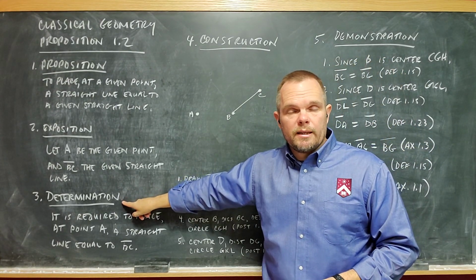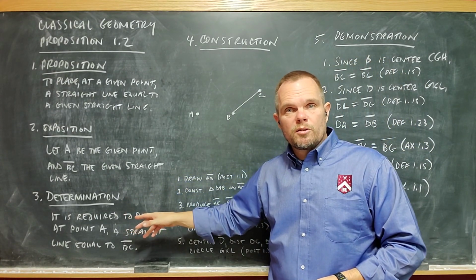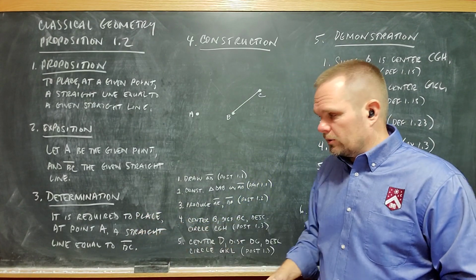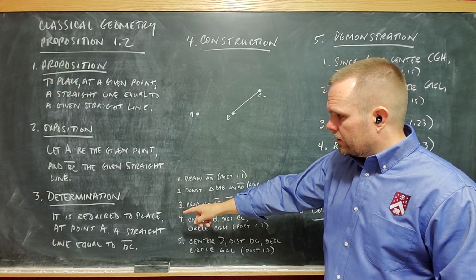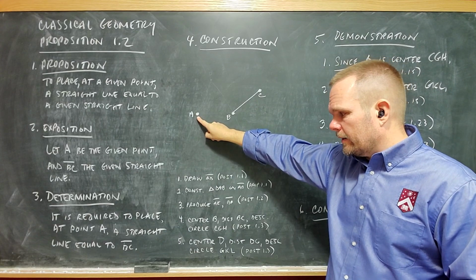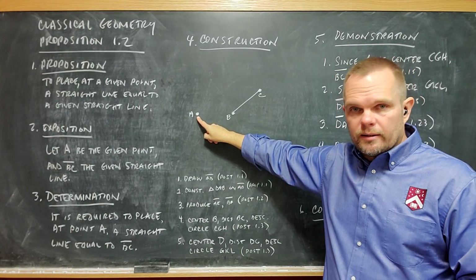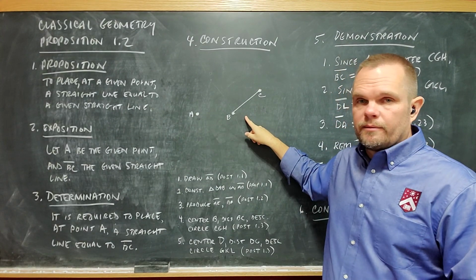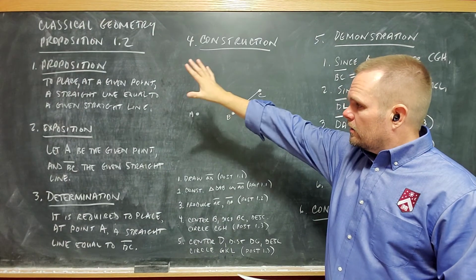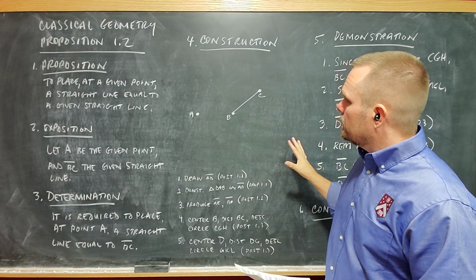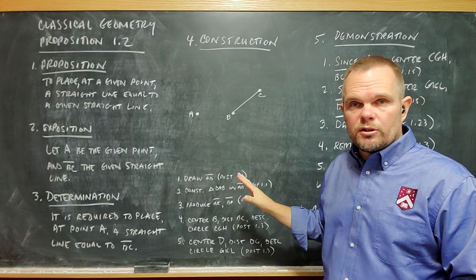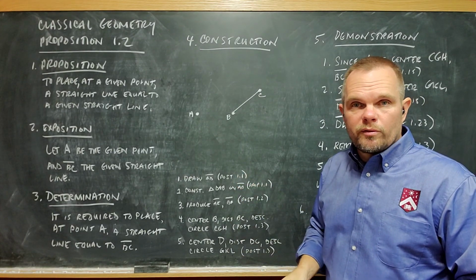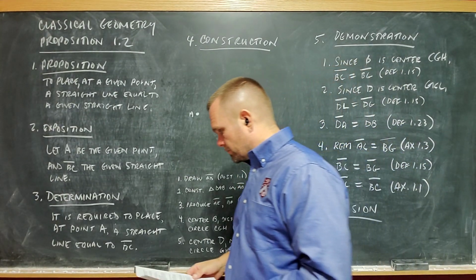Third, in the determination, we clarified what's to be sought: it is required to place at point A a straight line equal to BC. So we've laid out the challenge of our proposition, and now it's time to move to the construction.